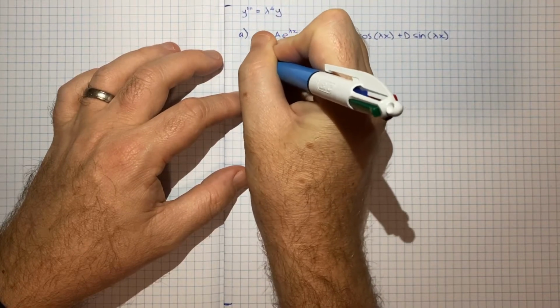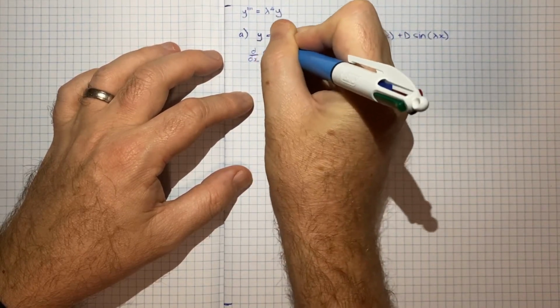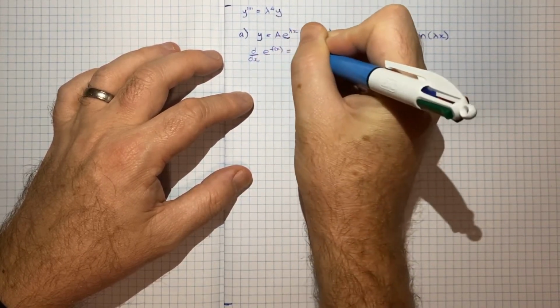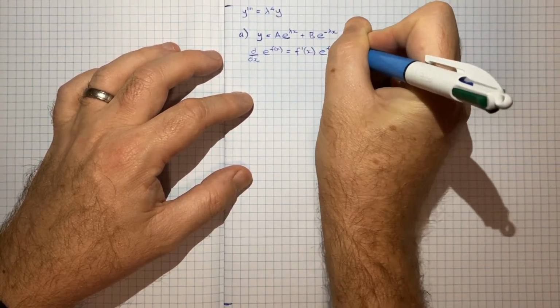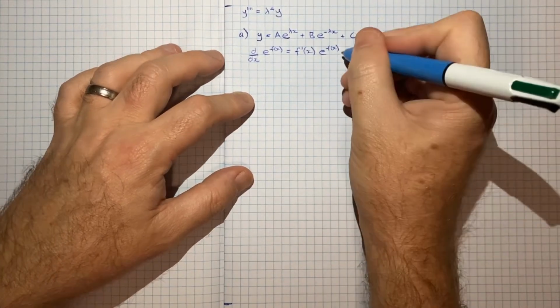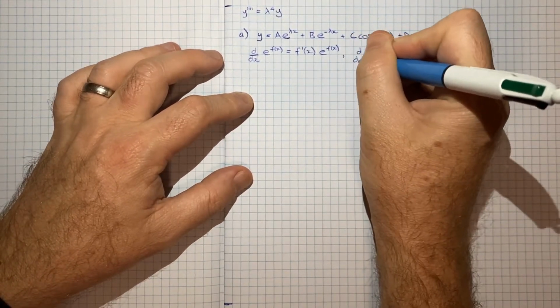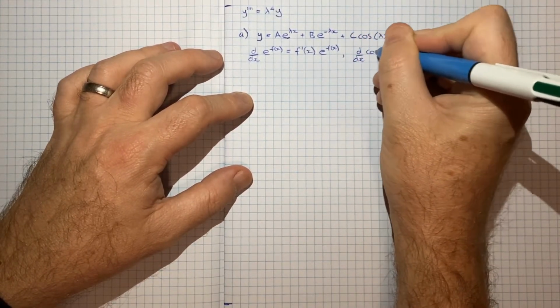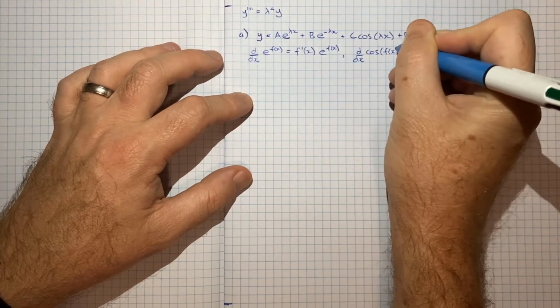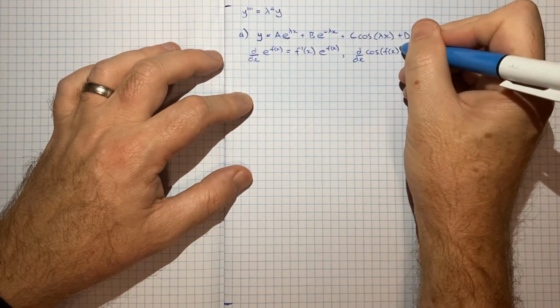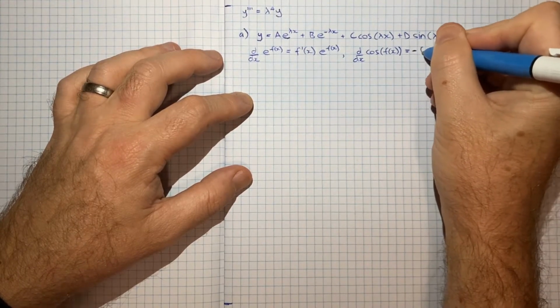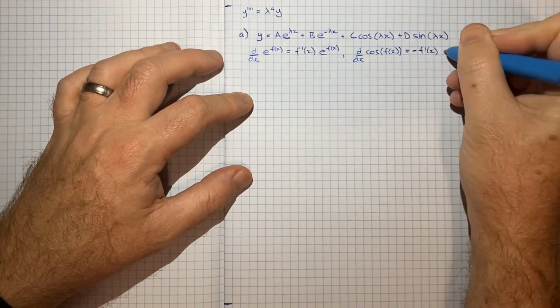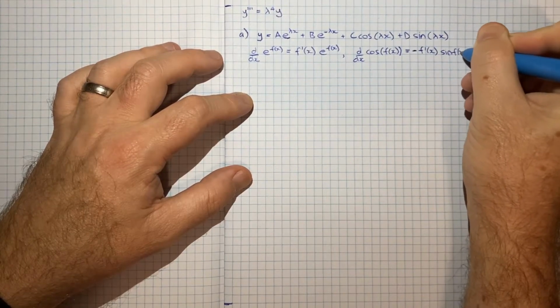with respect to x of e^(f(x)) is equal to f'(x)e^(f(x)). The derivative with respect to x of cos f(x) is equal to −f'(x) sin f(x).